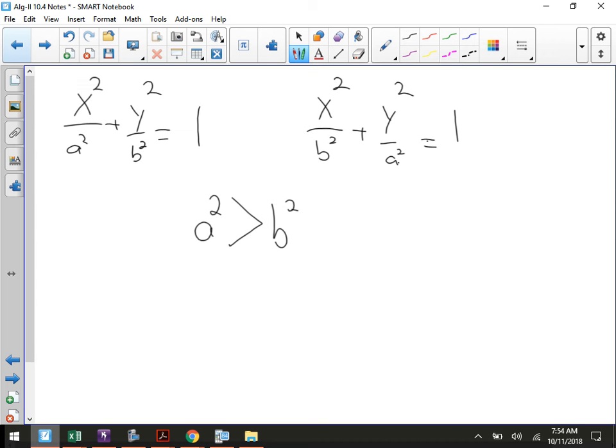So whatever number you have, for example, if you have 9 and 4, that means 9 is playing the role of a squared. If this is 9 and this is 12, that means 12 is playing the role of a squared. Right? That's how you're able to decipher which one is which. The a squared value is always the larger of the two numbers.